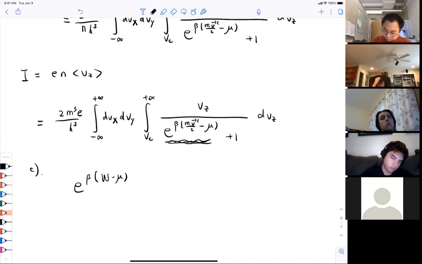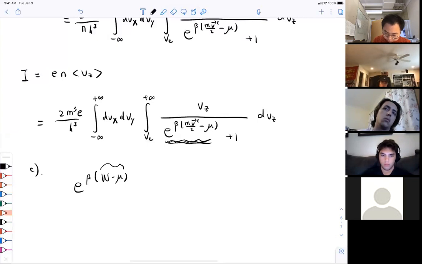Because the smallest value for this kinetic energy is when the only component is along the Z direction, and the minimal energy we need for the electron to escape from the metal to outside is W. So its minimum energy is W. And this guy is positive.